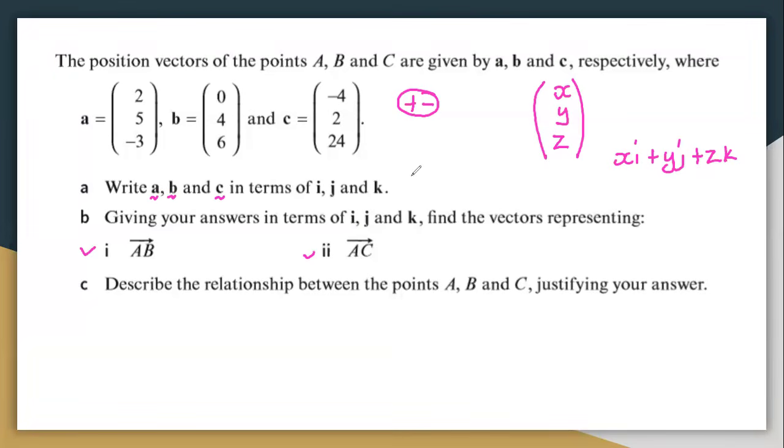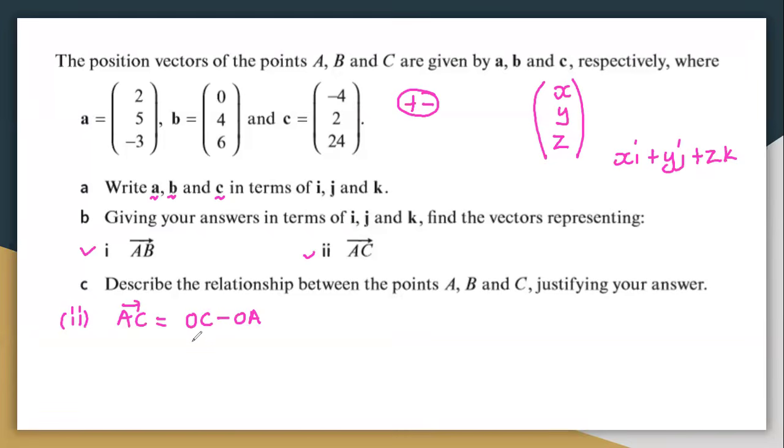So for part B, the girl is supposed to do part B Roman 2. So I'm going to do SC, the vector SC. To get it, since we're being given position vectors, we say vector SC is equal to vector OC minus vector OA, sorry. Okay.